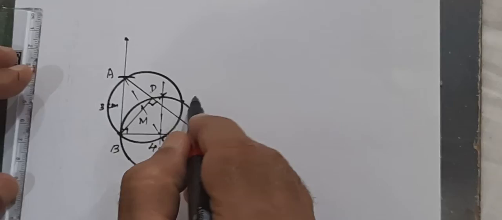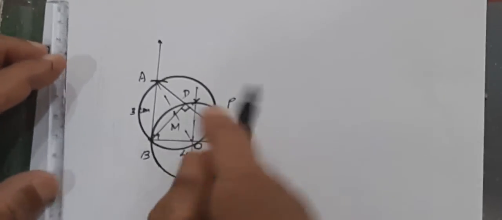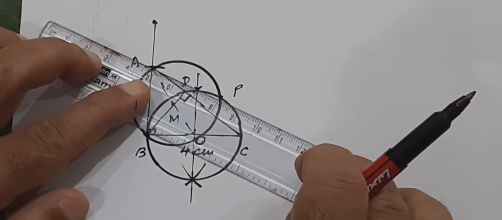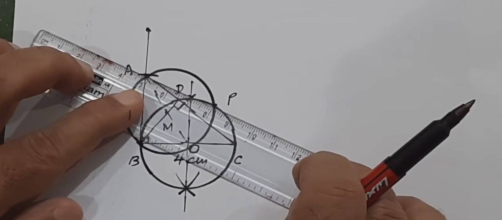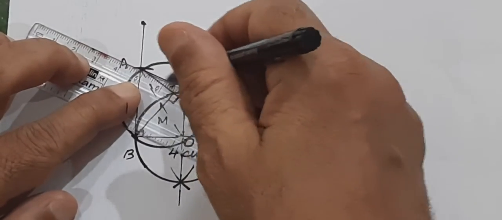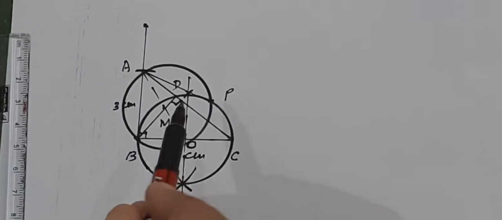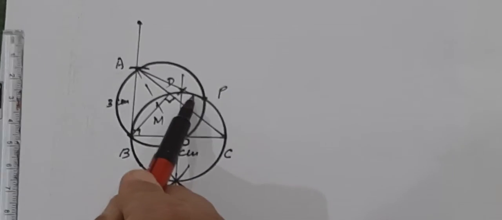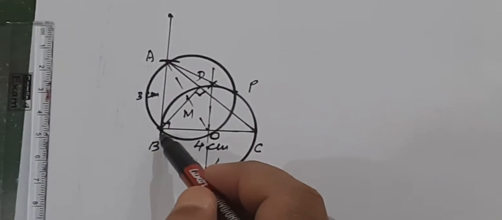Take this point as P and draw AP. So AP will be a tangent and AB will also be a tangent.